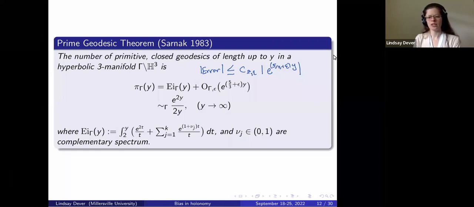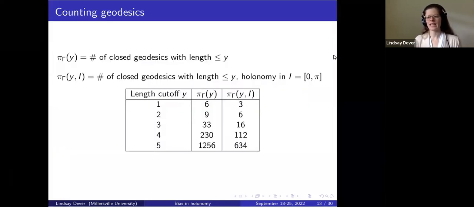So what I'm interested in doing is counting geodesics not just by their length parameter, but also by their holonomy parameter. So for example, we could count the number of closed geodesics up to length y with holonomy in an interval from, for example, 0 to pi.